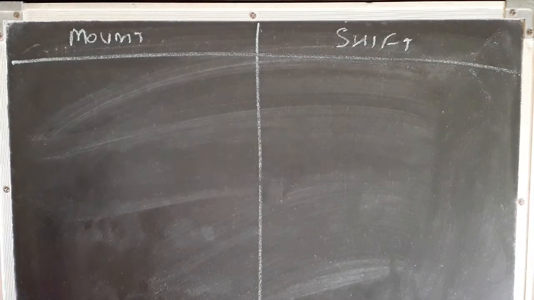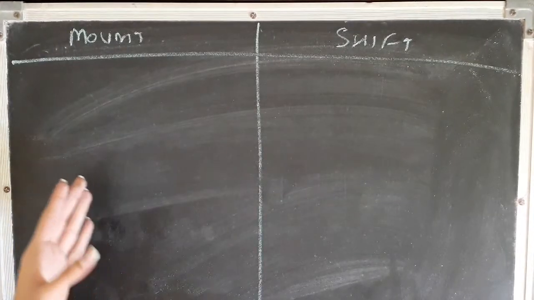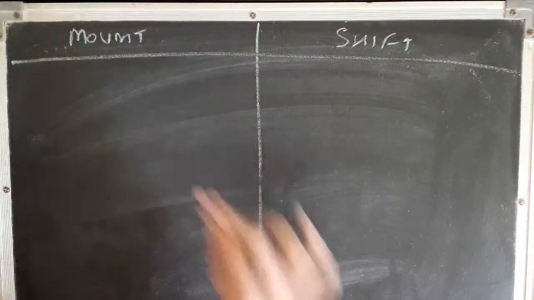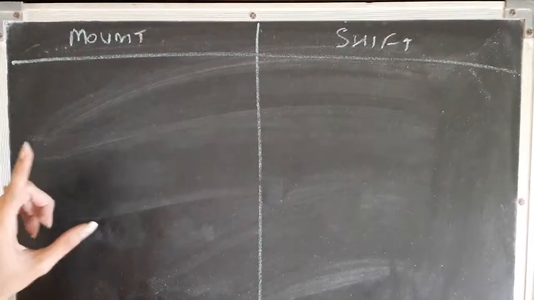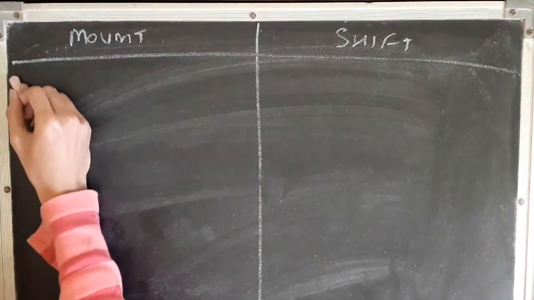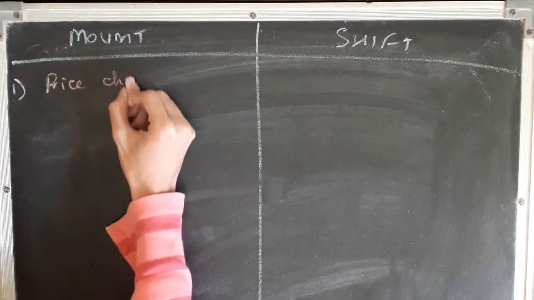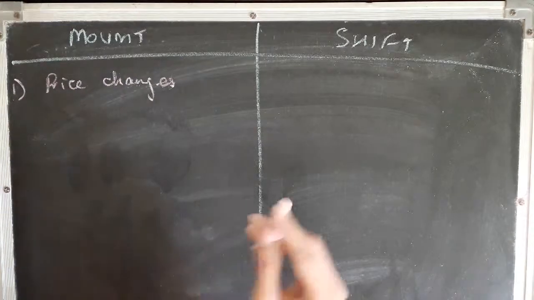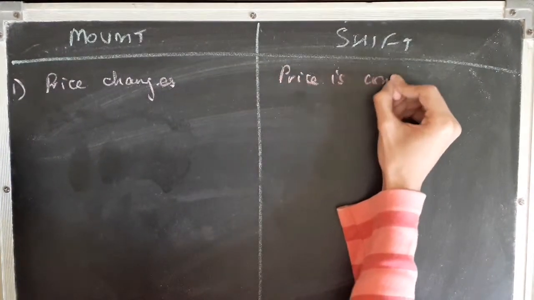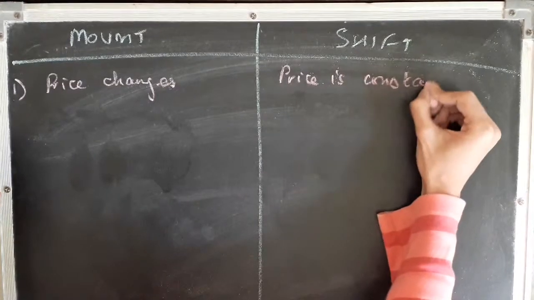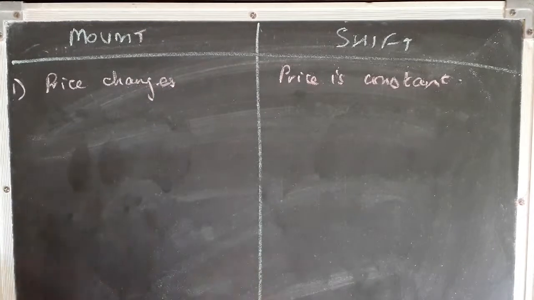The first difference between a movement of the demand curve and a shift of the demand curve is quite obvious, and it comes from the very definition, which is that here in this case price changes, whereas in the shift price is constant. This is a very basic difference between movement and shift.